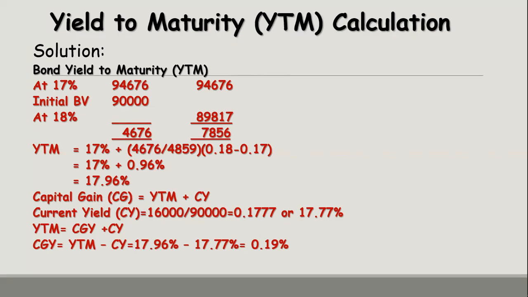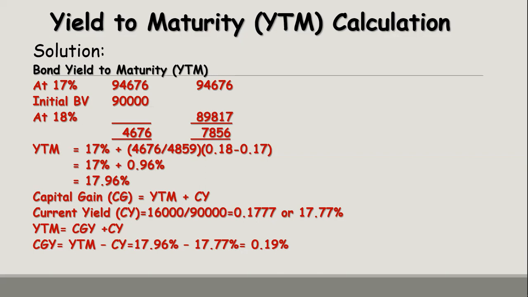The initial bond value or our investment is 90,000. So the difference of 4,676 becomes the numerator, and the difference between the two values, 4,859, becomes the denominator. The difference between both percentages, 18% minus 17%, comes to 1% or 0.01.